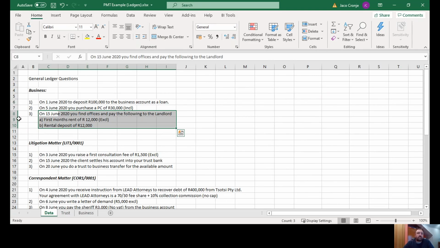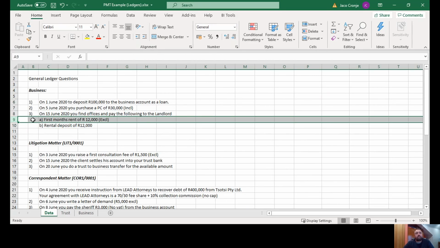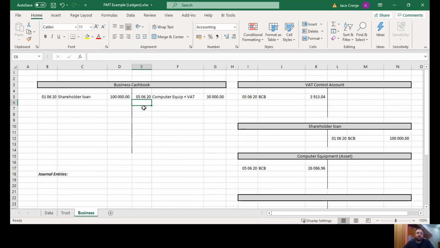Let's break this up into two separate transactions. Let's first look at the first month's rent of 12,000 Rand exclusive of VAT. Now this is very important. This is on the 15th of June 2020. How much are we actually going to pay out of our bank? We always pay the inclusive amount.